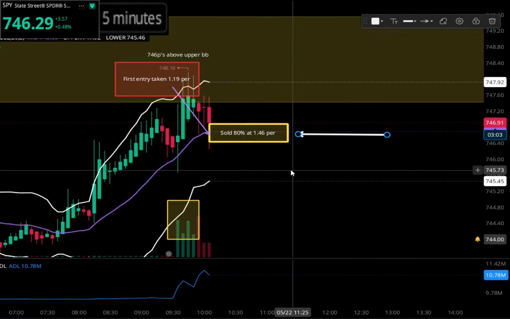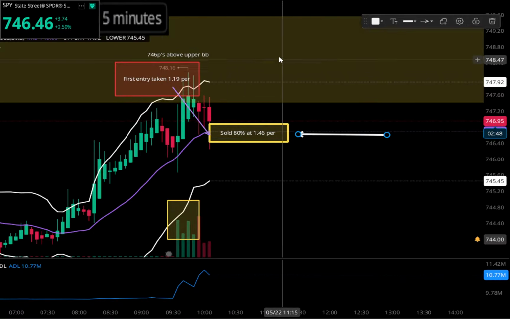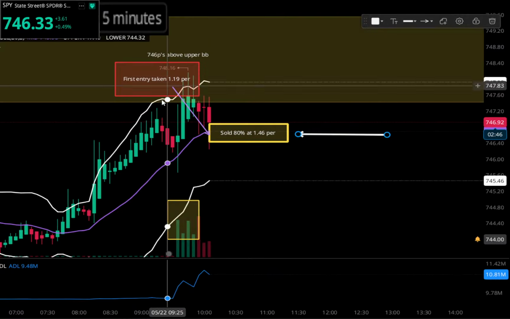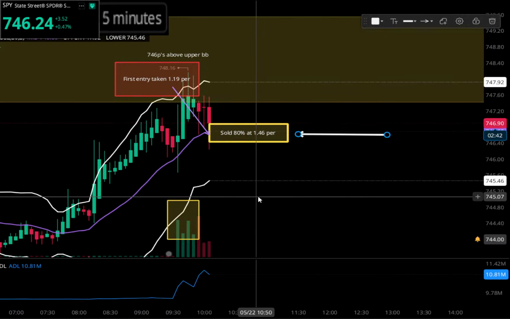If you're a smaller portfolio, you don't have to worry about the runners. But with that original entry and exit, if you do this again 10, 20 times, you're going to start building a strong portfolio to where you can add more of those runners like I'm currently taking.